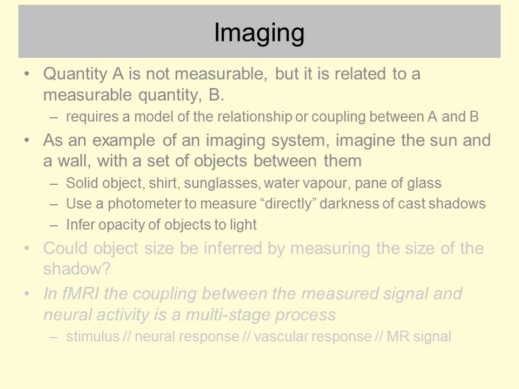So they measure the amount of light reflected when nothing is interposed, and they can then measure the amount of light reflected for the solid object, for the shirt, for the sunglasses.